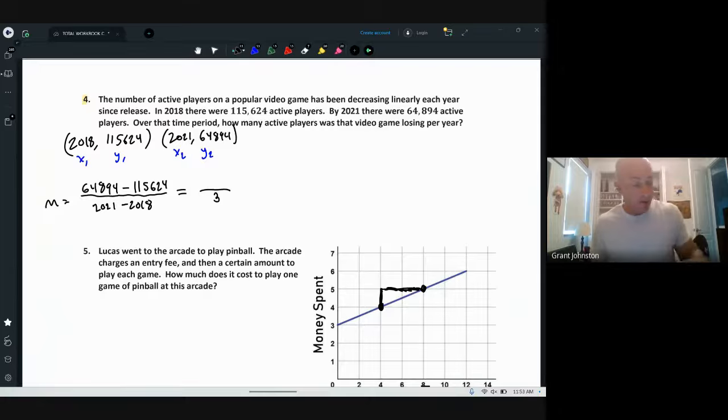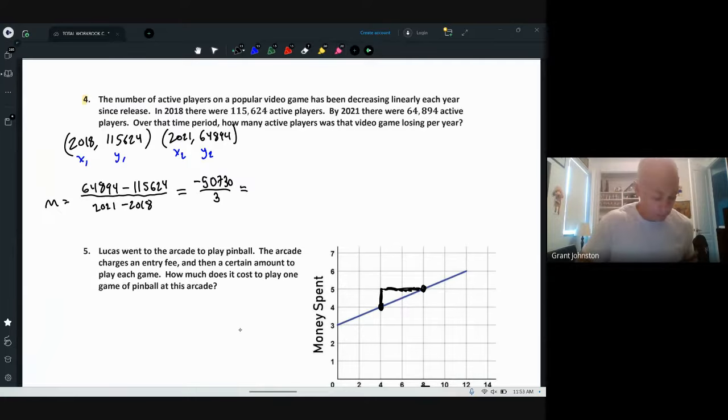Subtract those. If I subtract 64,894 minus 115,624, I got negative 50,000, like I was saying earlier. It went down 50,730 over 3 years. So divide by 3.